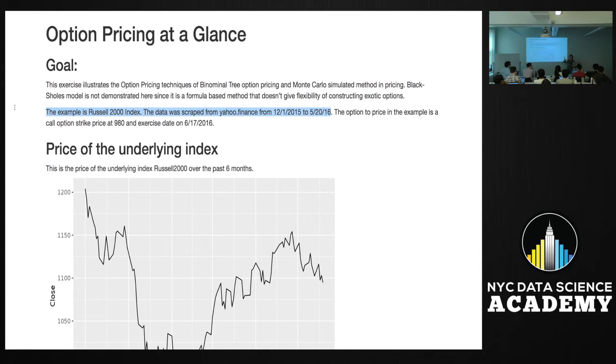When you go to Yahoo Finance, you put in this Russell 2000 index, and you select the date that you want. It gives you this type of table. It's like you're buying Apple stock and you want to see Apple's past month of performance. So you put AAPL and you put the last month of dates, and that will give you the exact same column names.